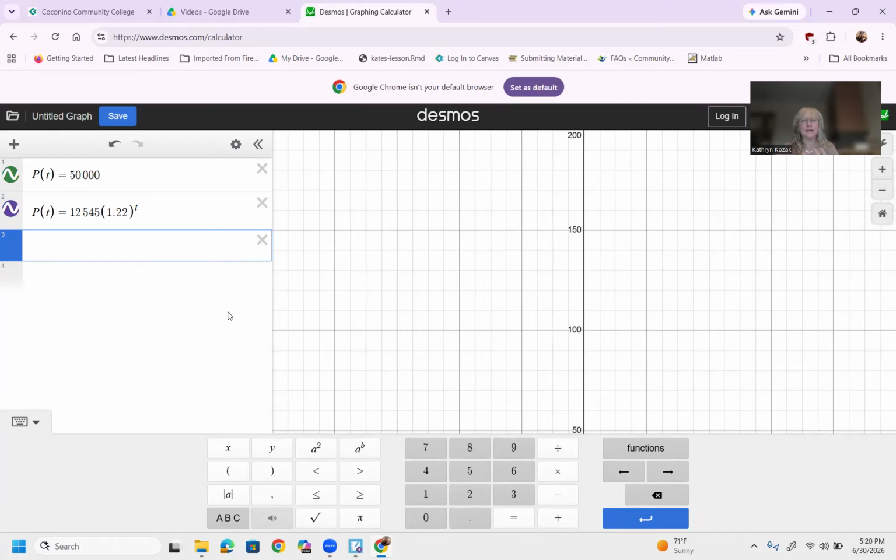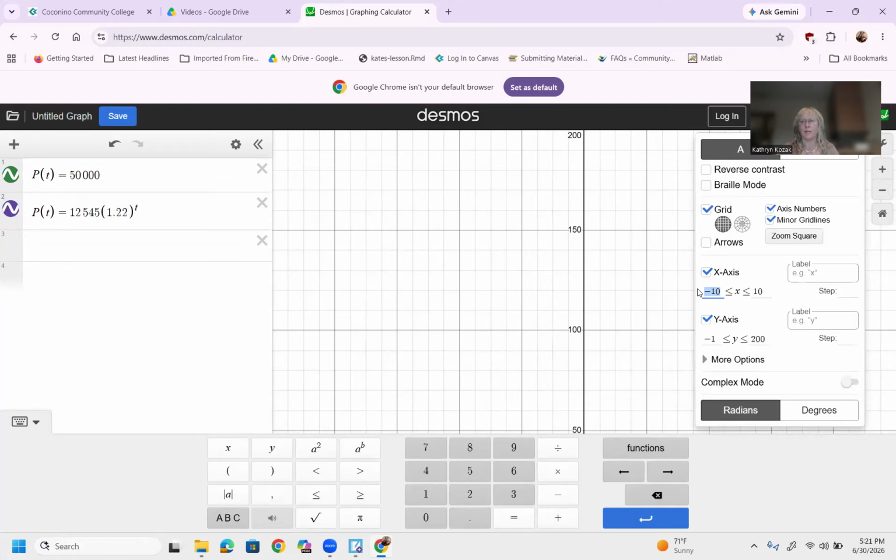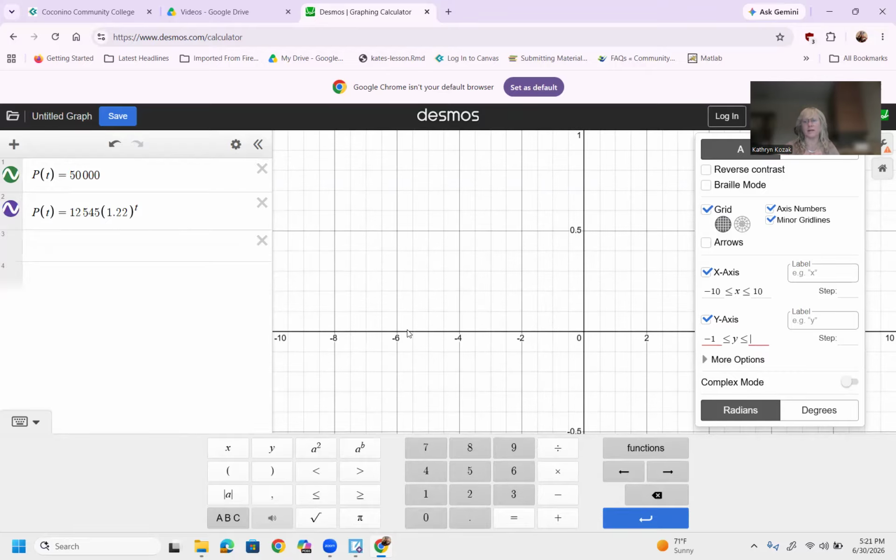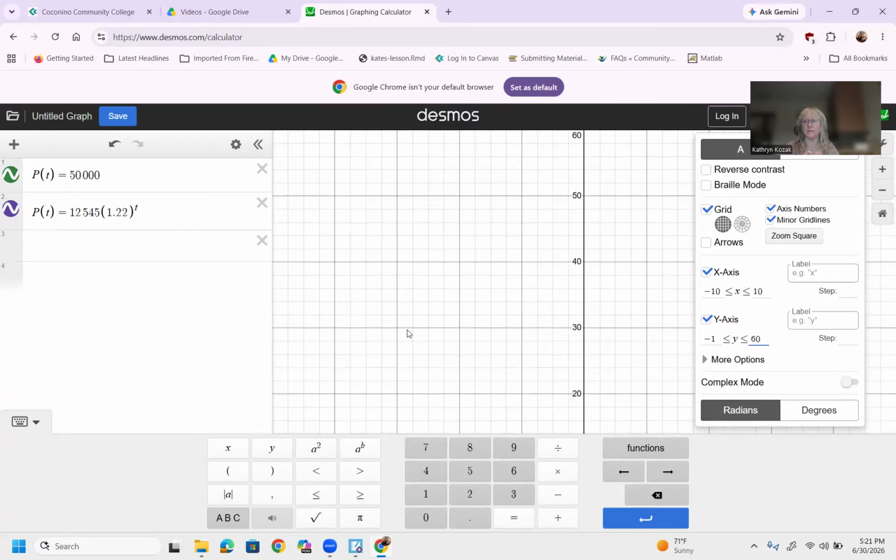And again, you don't see anything on your graph because we're going to have to change our window again. I don't think we need negative y values, but I like to have the -1 just so I can see a negative on there. But we know we need 50,000, so maybe 100,000 or maybe 60,000. Let's go 60,000. Let's not go too crazy.